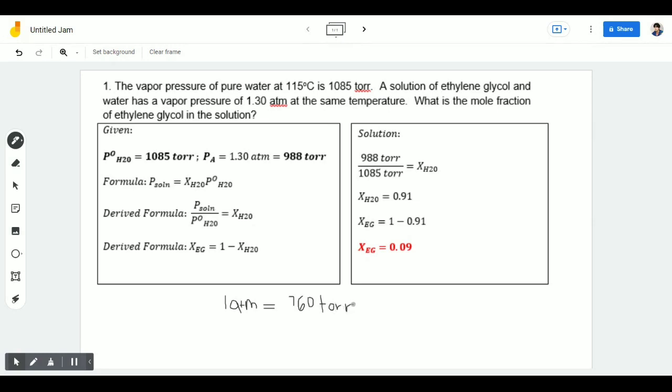So, ang gagawin natin is si 1.30 atm ita times natin siya sa conversion factor na 760 torr over 1 atm.